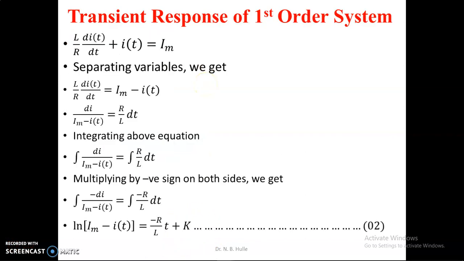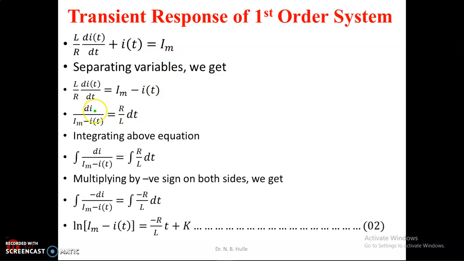Now here in this case, expressing that equation, it is L by R di by dt plus i(t) equals Im. We are separating the terms, shifting L by R i(t) to the other side, and then we are using the variable separable method for the integration.